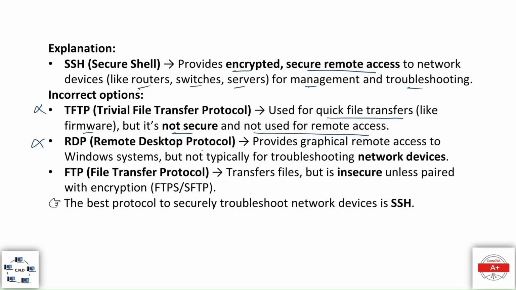RDP, Remote Desktop Protocol, provides graphical remote access to Windows systems, but not typically for troubleshooting network devices. And FTP, File Transfer Protocol, transfers files but is insecure unless paired with encryption, that is the secure versions, FTPS or SFTP. So the best protocol to securely troubleshoot network devices remotely is SSH.